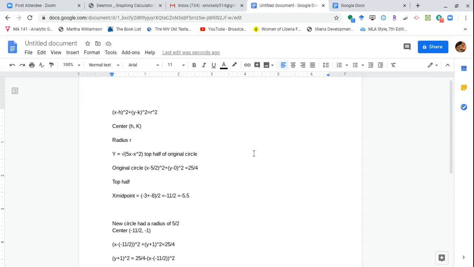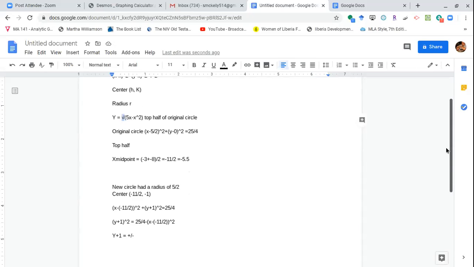So let me come up here and cheat a little bit and copy that symbol. So there's my square root symbol. And underneath it, I'm going to have this whole thing, okay? Are you with me there?